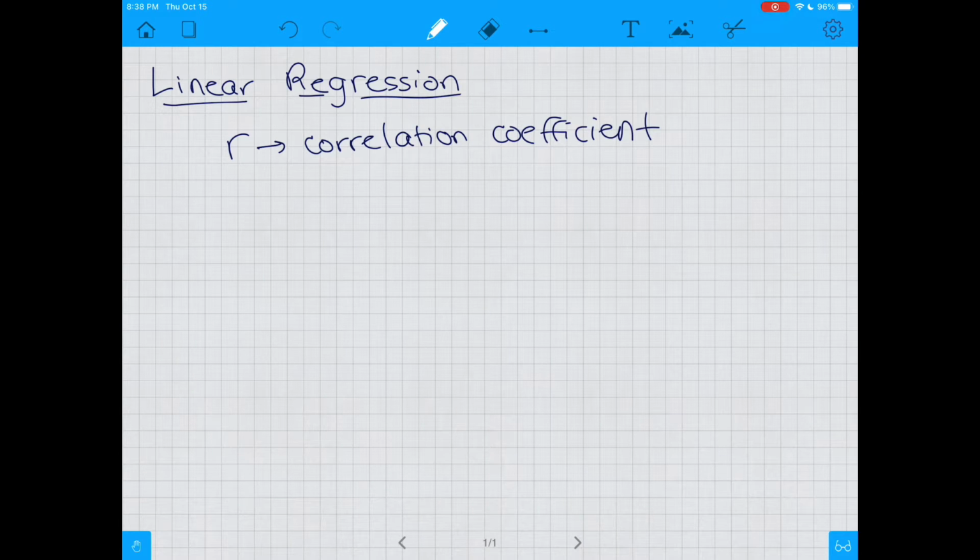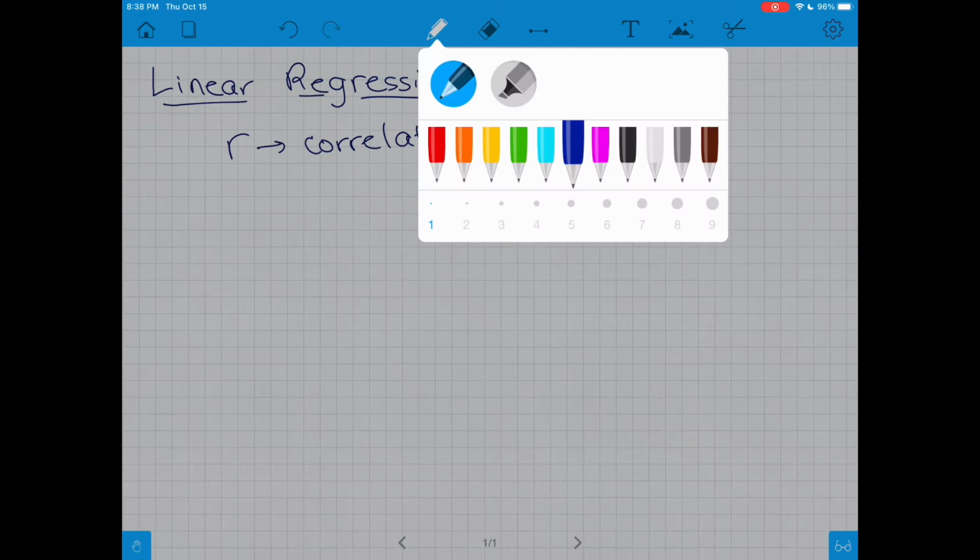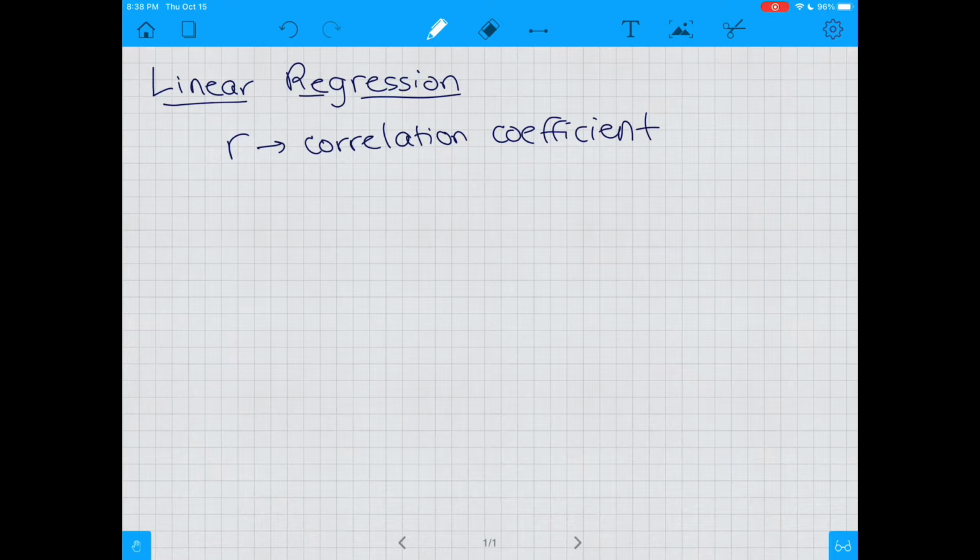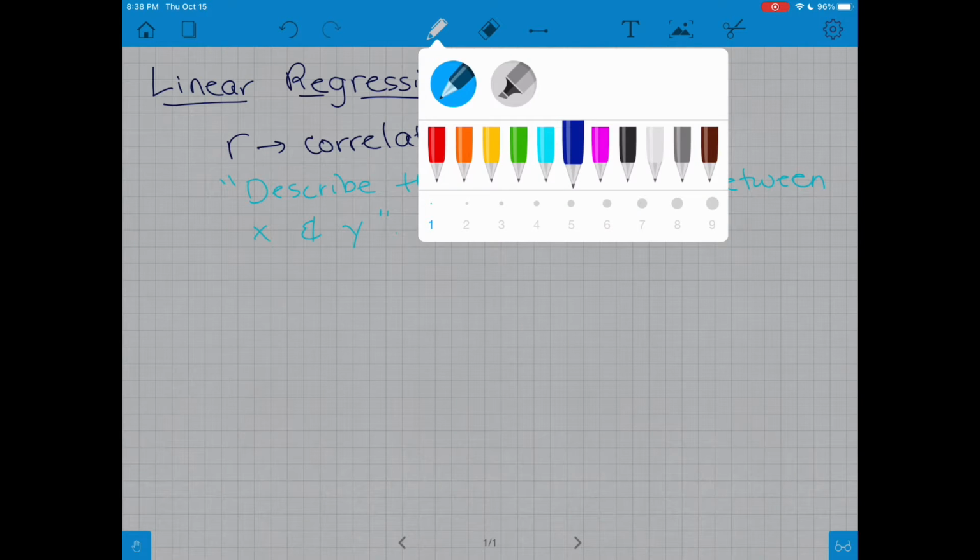So oftentimes what you'll see in terms of a free response question is they will ask you something along the lines of, describe the relationship between X and Y. Fill in the blank for the context of X and Y, being your explanatory variable and your response variable, to use the terminology that we learned yesterday.